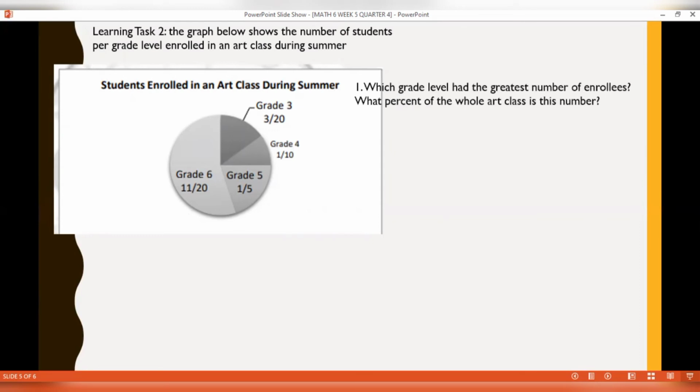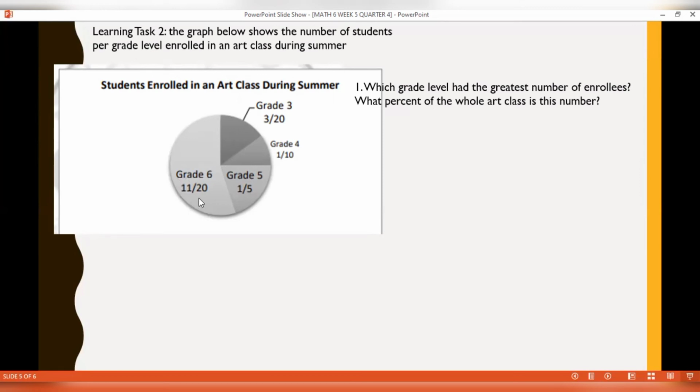Now, for question number 1, which grade level had the greatest number of enrollees? What percent of the whole art class is this number? So, ayan, ang tinatanong dito, alin daw yung may pinakamadaming enrollees? So, obviously, kung makikita nyo, ito yung may pinakamaraming enrollees, di ba? At tinatanong, what percent of the whole art class is this number? So, itong 11/20, igagawin mo siyang percent.